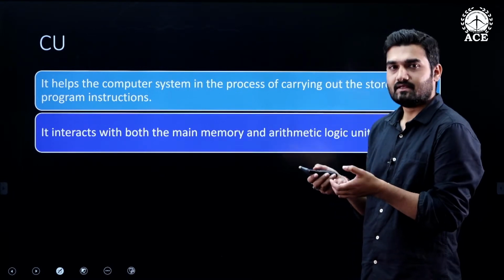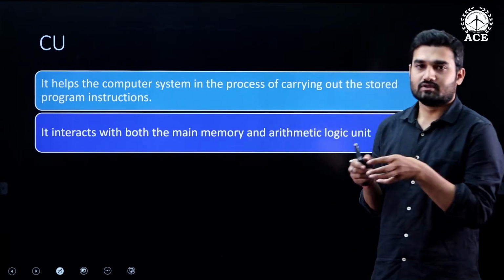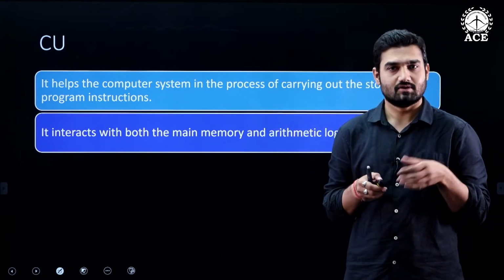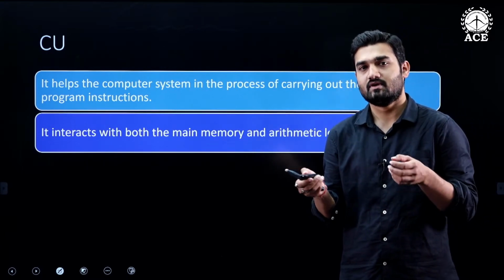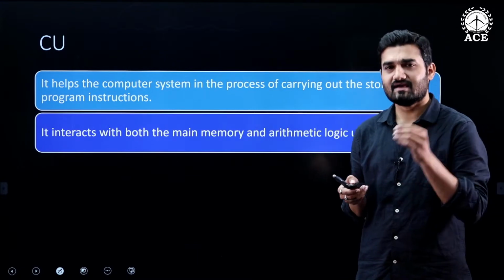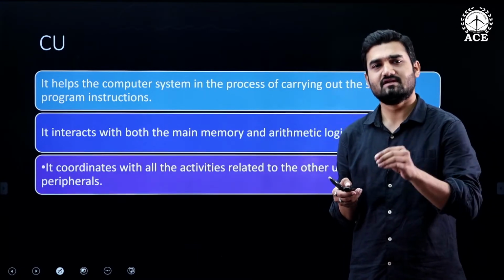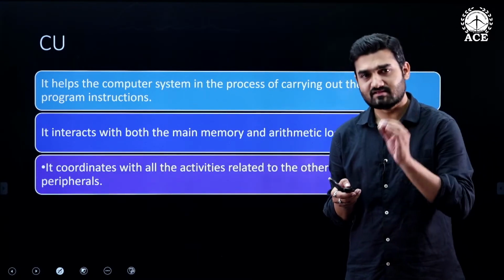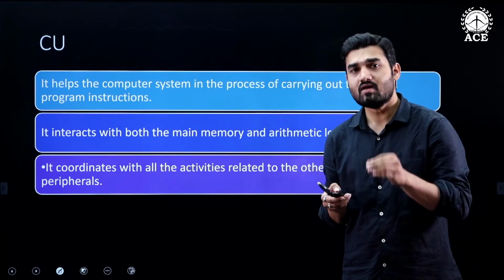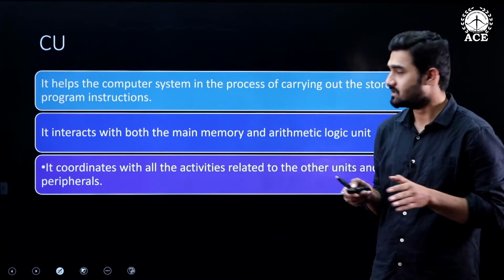Then it interacts with both memory and CPU. At the end, what is it doing? It is directing all the modules present inside the computer. It is giving signals to all the modules present inside the computer.